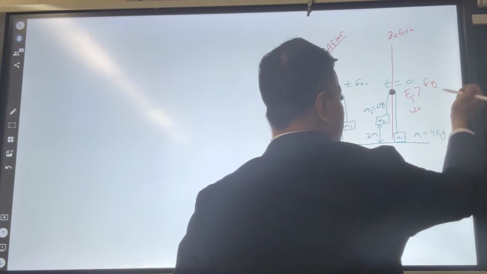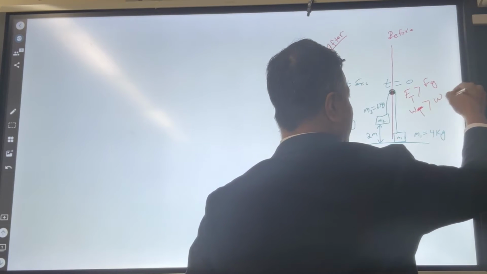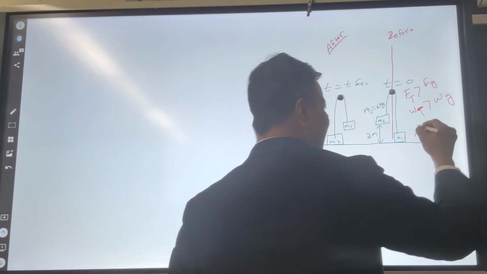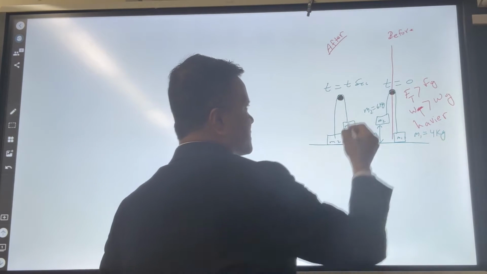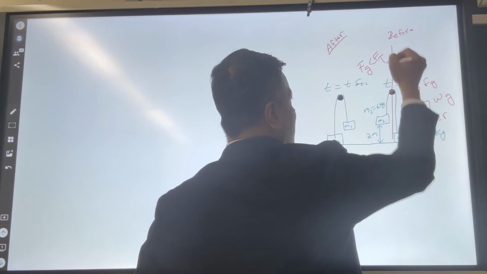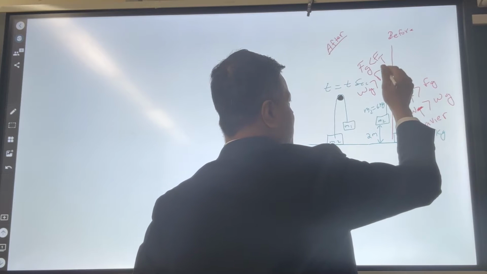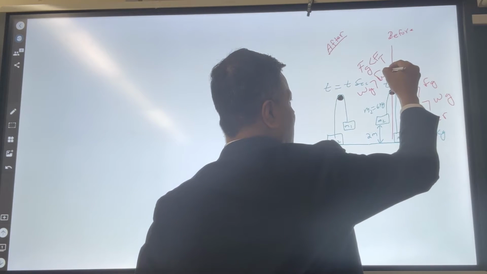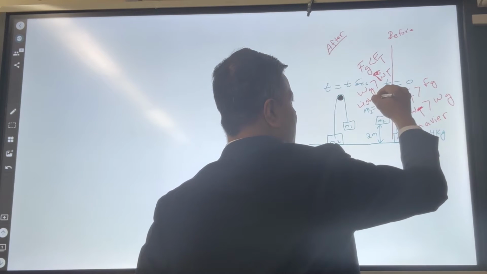Work done by tension force is more than work done by gravity. So the person will feel heavier over here. On the other side, Fg is bigger than tension. So work done by gravity is bigger than work done by tension. So the person will feel lighter.